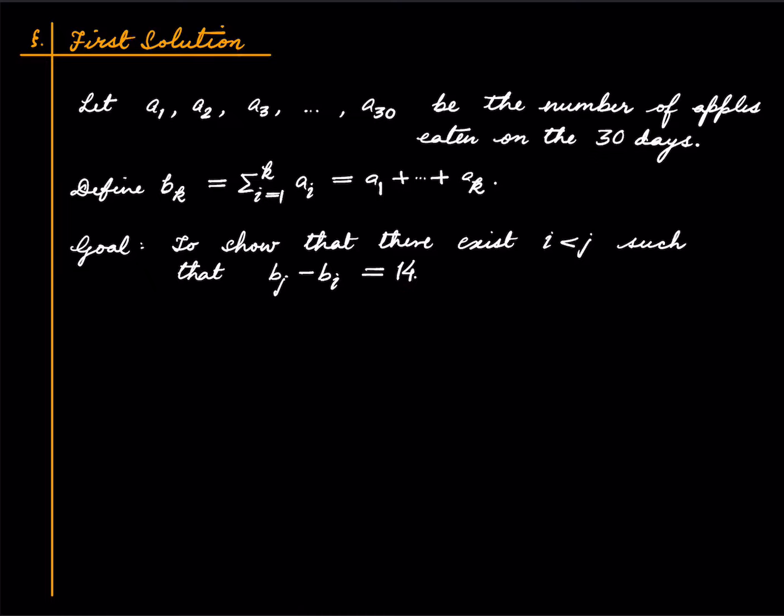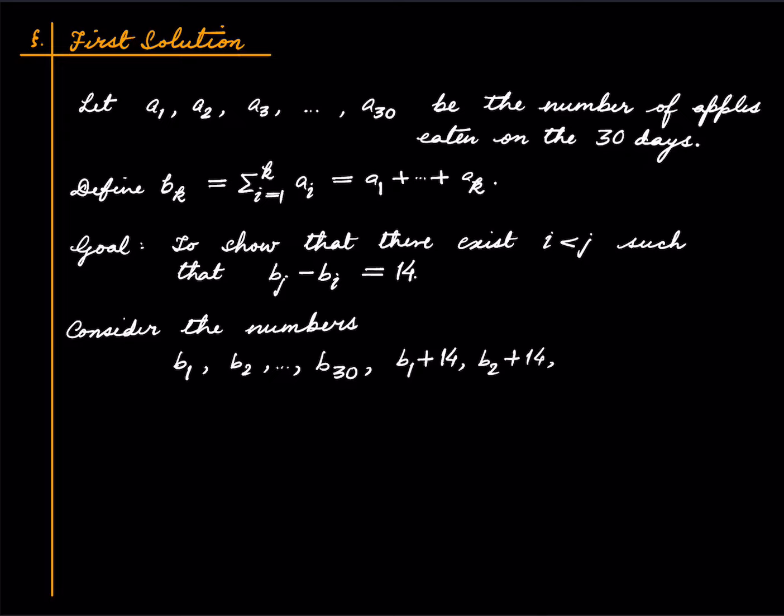All right, so here is the key idea. Consider the numbers B1, B2 up to B30, and B1 plus 14, B2 plus 14 up to B30 plus 14.